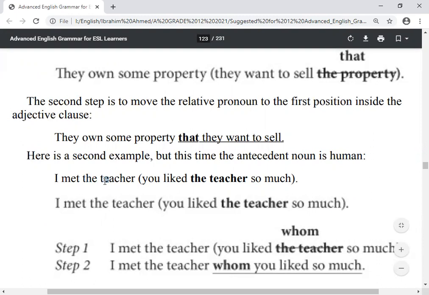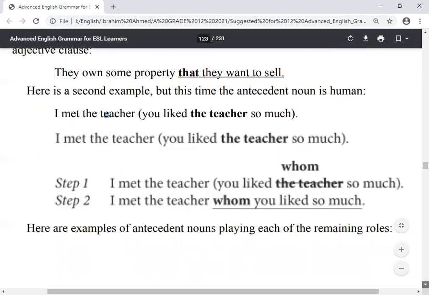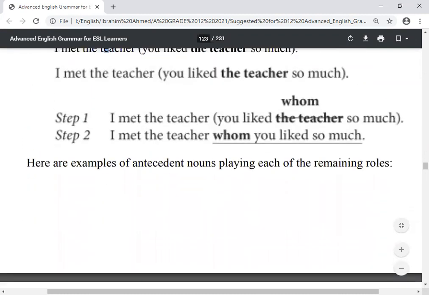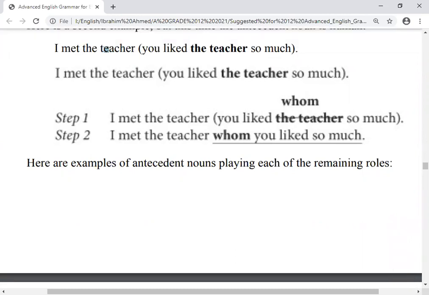You like the teacher so much. We replace the teacher with whom, because it's an object here. So I met the teacher, you liked whom so much, and then we pull whom and put it at the beginning of the adjective clause. I met the teacher whom you liked so much.